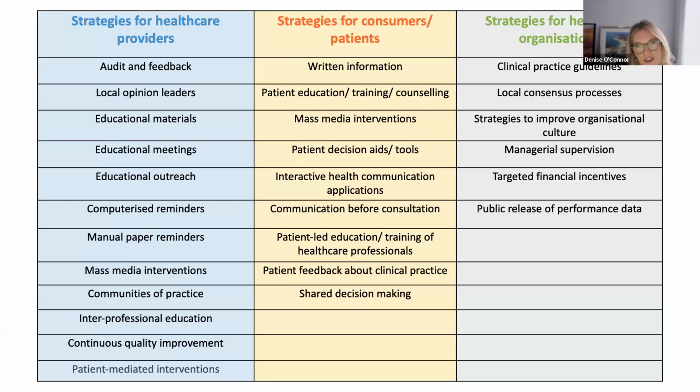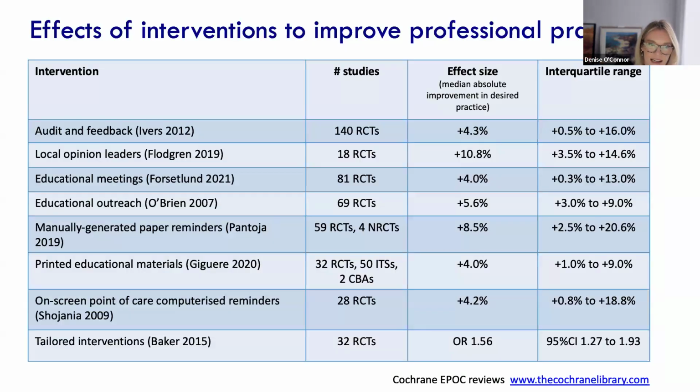So we're now generating a large menu of options of research translation strategies in the field of implementation science from which to draw. And some of these strategies or interventions are shown on this slide, and they can target healthcare providers, you can see in the blue column, consumers, and then also healthcare organisations. There's also a growing body of evidence about the effects of these research translation strategies available from systematic reviews of randomised trials.